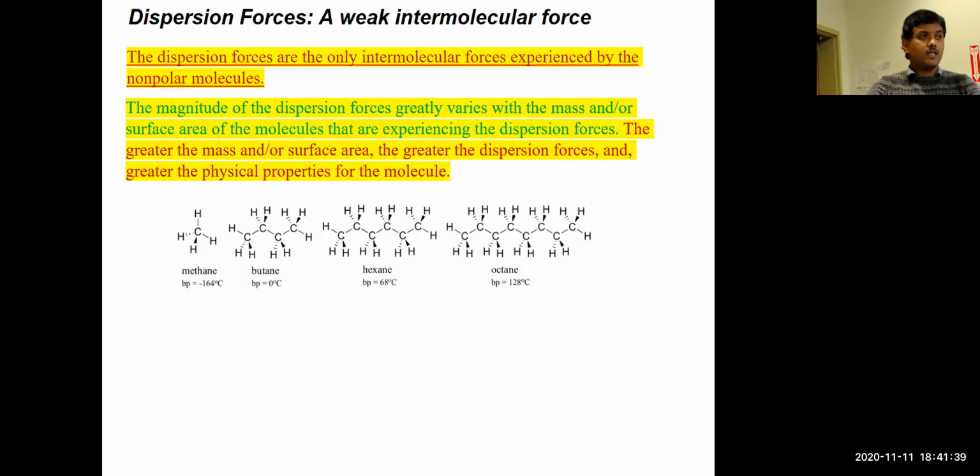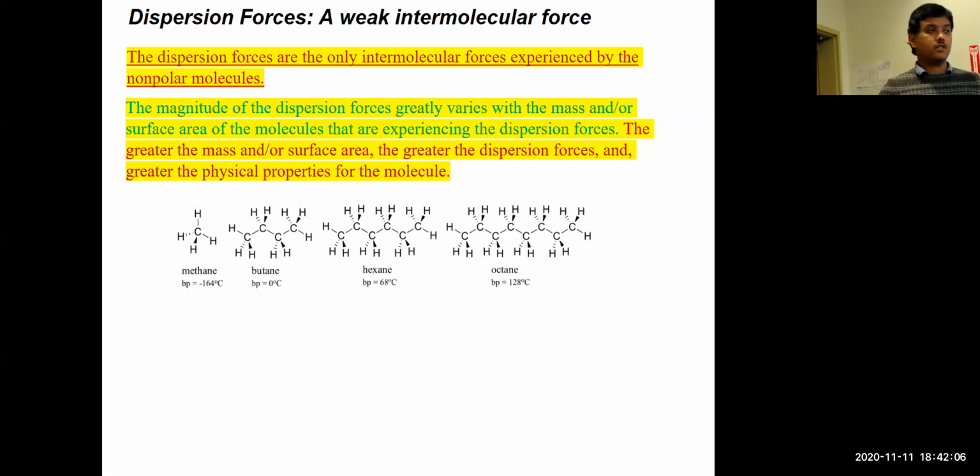Let's see, just by using the mass theory, if you could differentiate the physical properties of one molecule to another. Methane only contains one carbon, whereas butane contains 4 carbons. See the difference in the boiling point. Methane has a boiling point of negative 164 degrees Celsius, whereas butane has 0 degrees Celsius.